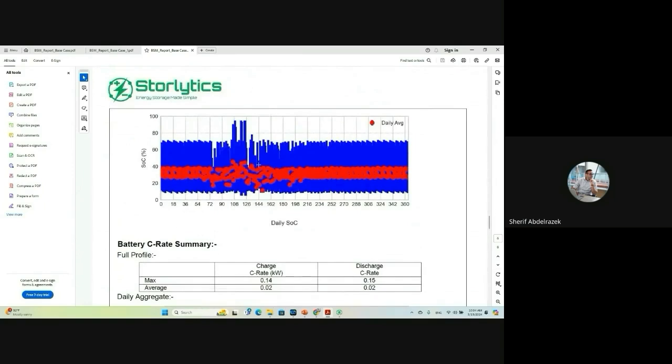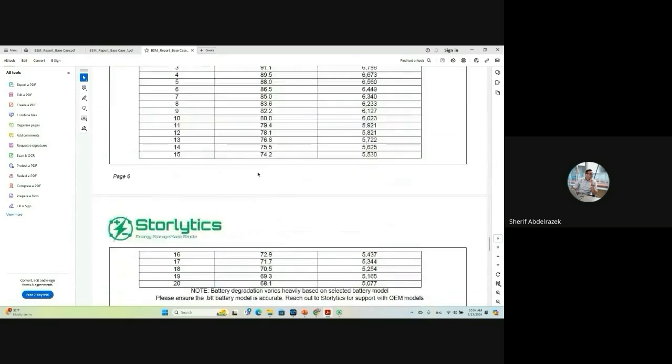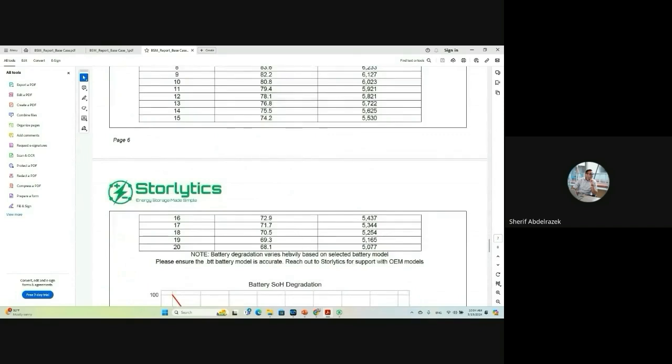Because batteries generally at lower average states of charge have less degradation, right? So now as we look here, we're at 5 megawatt hours at year 20, right? And instead of being at 62% state of health, we're at 68% state of health, right?